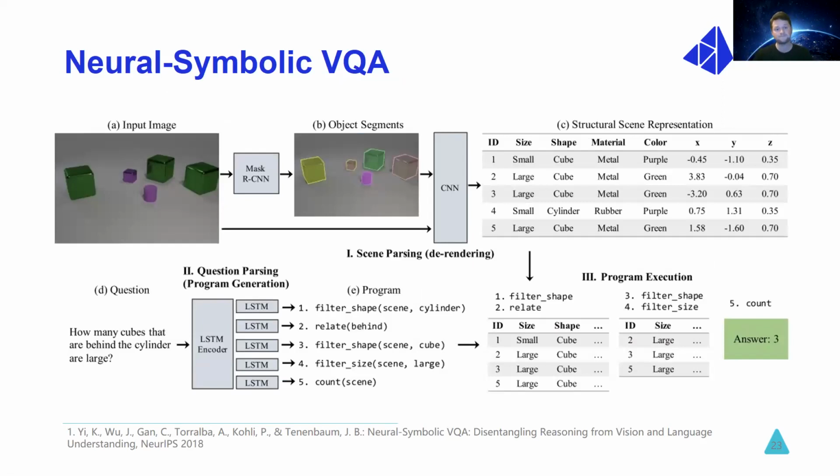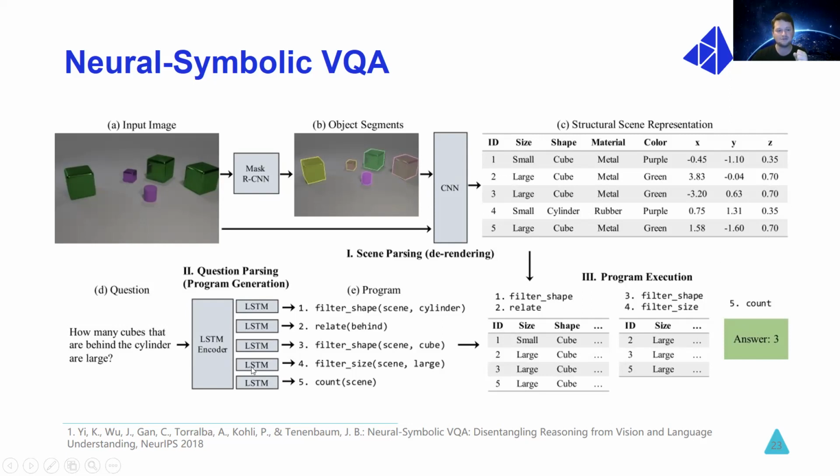And also we were inspired by a very interesting work called Neural-Symbolic VQA, and they use an interesting approach. They disentangle the reasoning engine and the scene and question representation. They used a convolutional neural network to represent the scene as a table, so it's basically like a data frame.